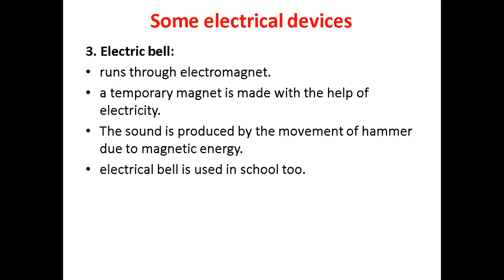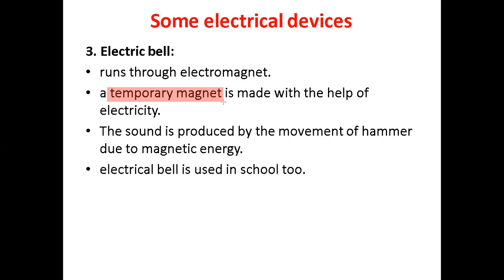A temporary magnet is made. When electricity is present, it is a magnet; when electricity is absent, it is only iron. Inside the bell there is a temporary magnet. That means when the switch is on, the magnet is induced by electricity, and the hammer is attracted and hits the plate.